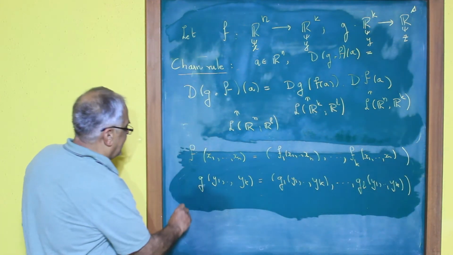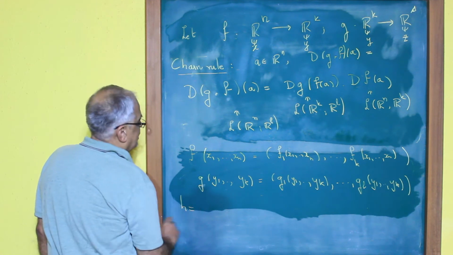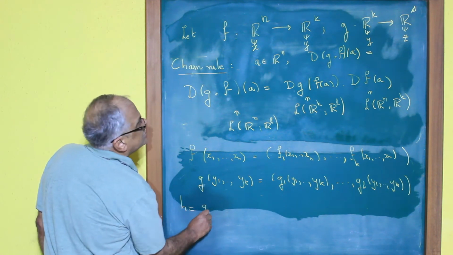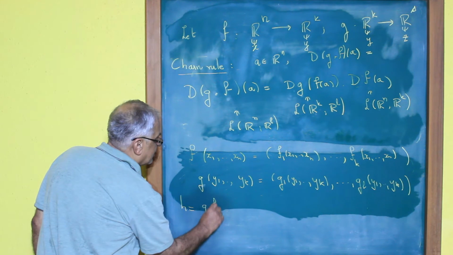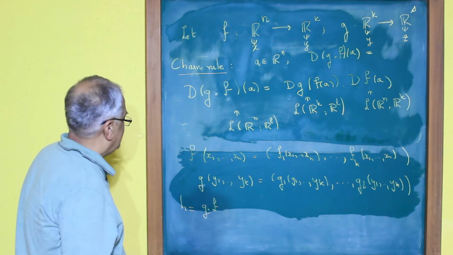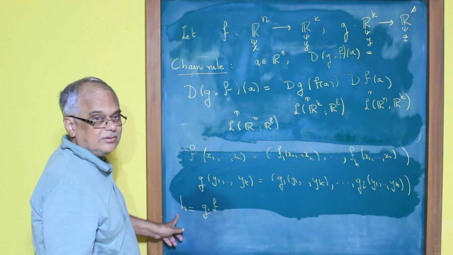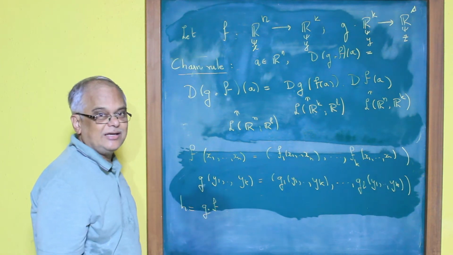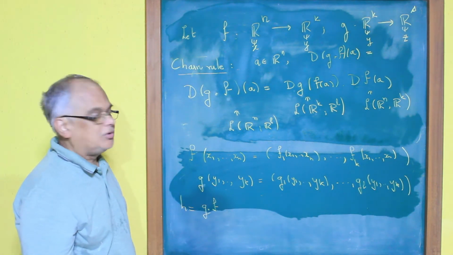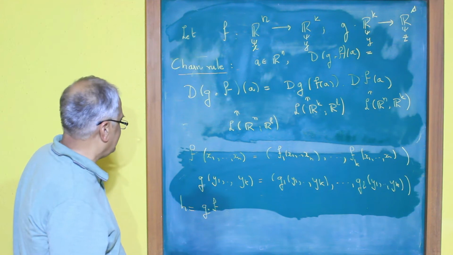And therefore, if I call H equal to G composed with F, H is a function which takes n variables and gives you k variables. So in fact, what should I be writing down?